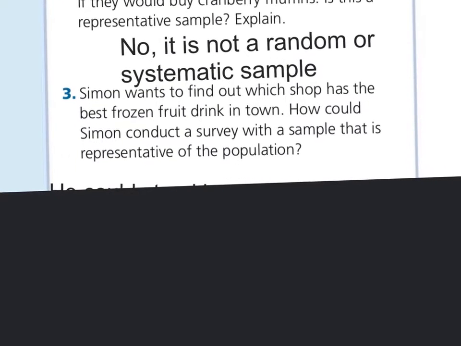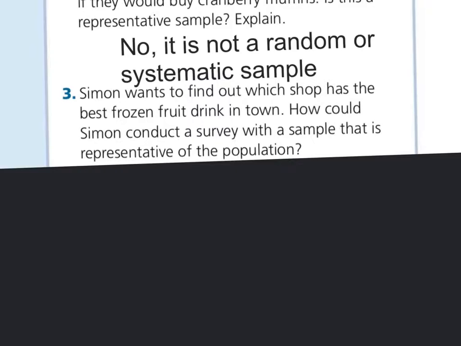Number 3, Simon wants to find out which shop has the best frozen fruit drink in town. How could Simon conduct a survey with a sample that is representative of the population? So always check what it is that you're talking about. Best frozen fruit drink in town.